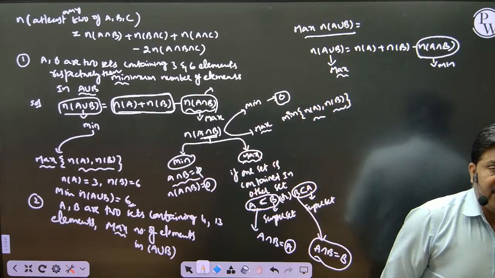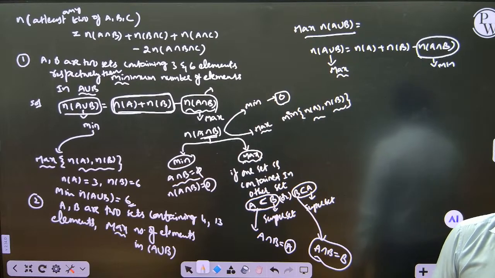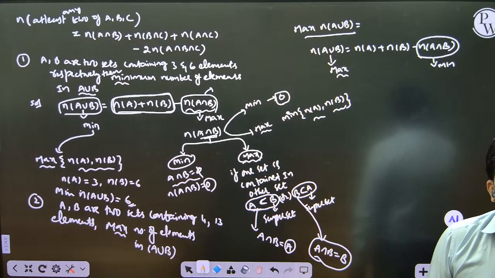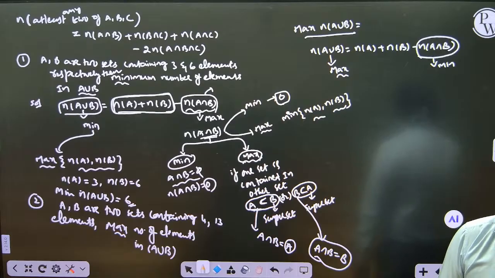n of A union B formula is n of A plus n of B minus n of A intersection B. Whenever n of A union B is a maximum, the subtracting part should be a minimum, or not. What is the subtracting part here? n of A intersection B. It should be a minimum, or not.